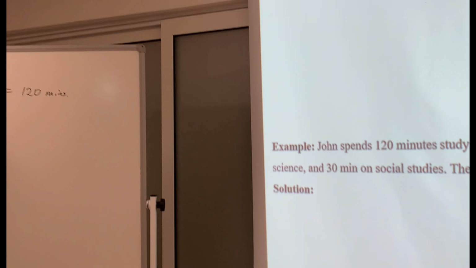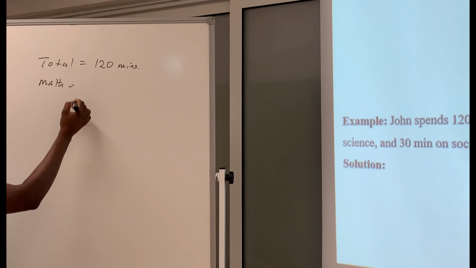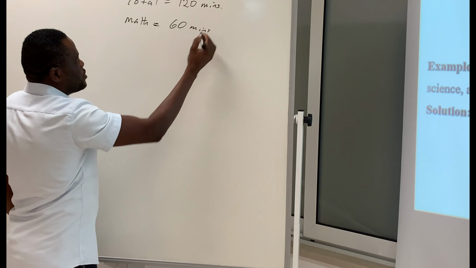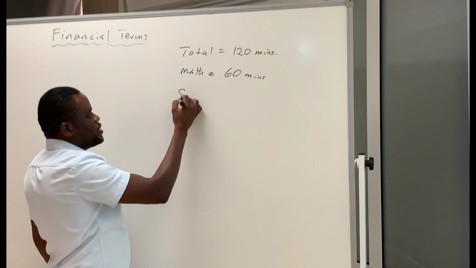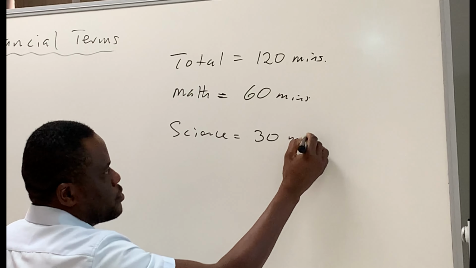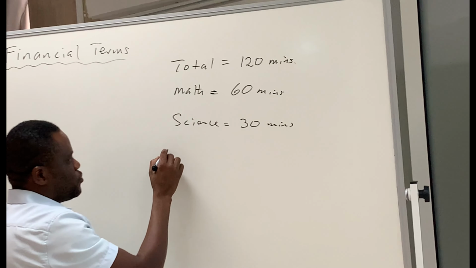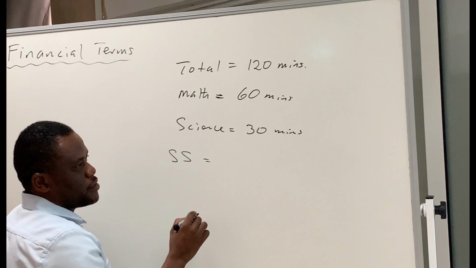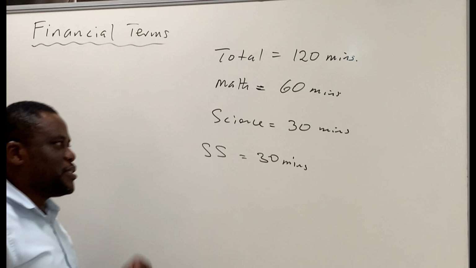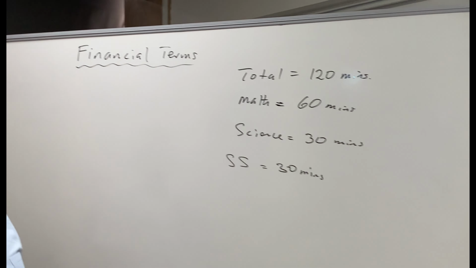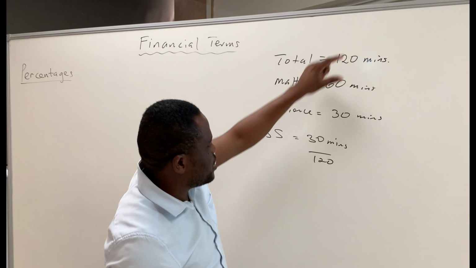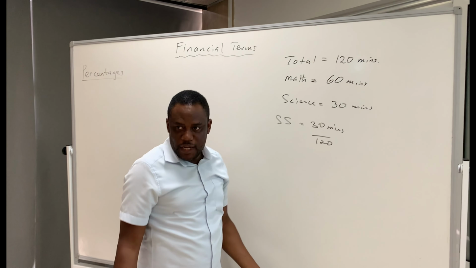For math, 60 minutes. For science, 30 minutes. For social science, 30 minutes. So the total obviously is 120. Even if they don't give us 120 here, we can sum it up and get our number.